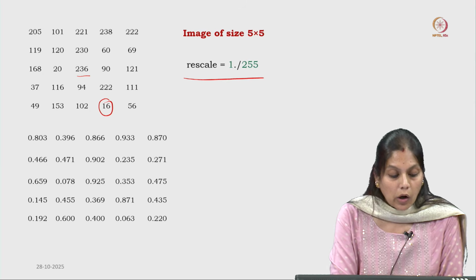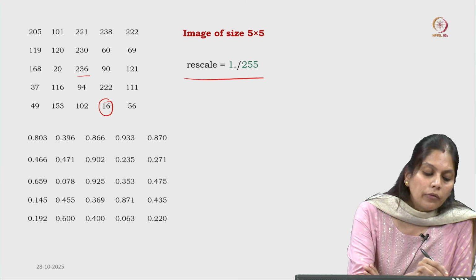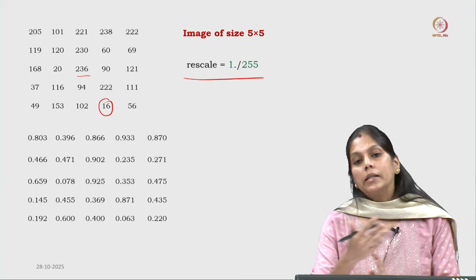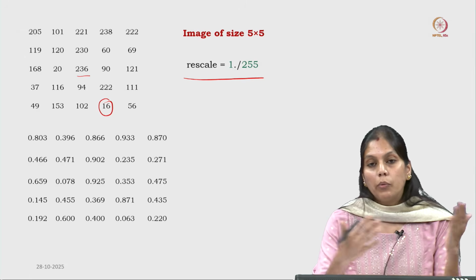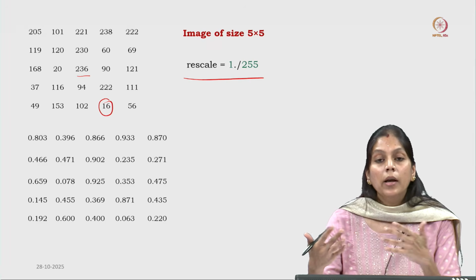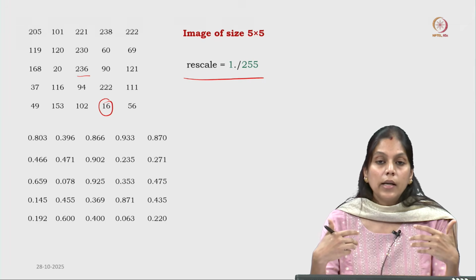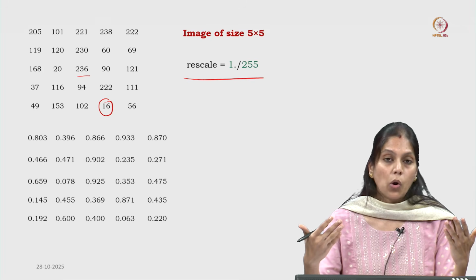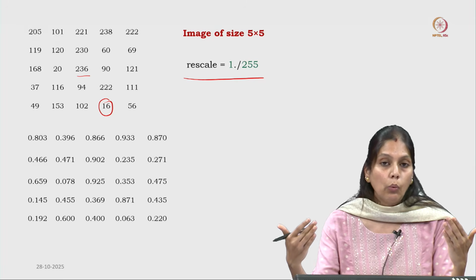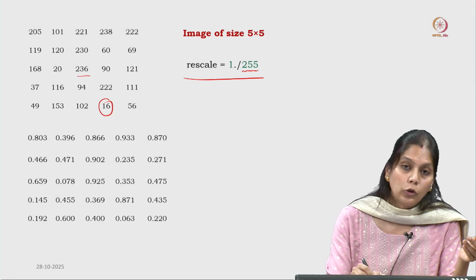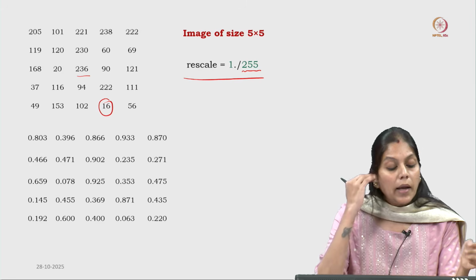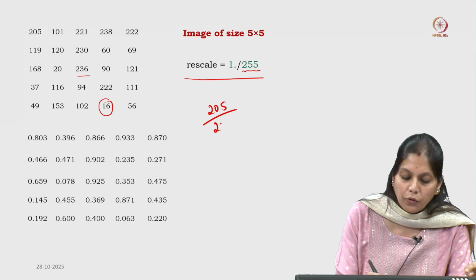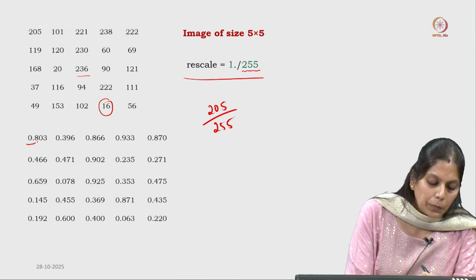How are we going to normalize it? Take each value and divide it by 255, because the pixel values range between 0 and 255, and when you normalize, you want to bring the values down to between 0 and 1. So, take the first value 205 and divide it by 255, we get this value.